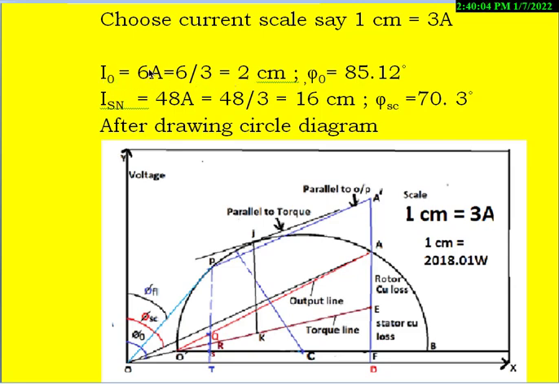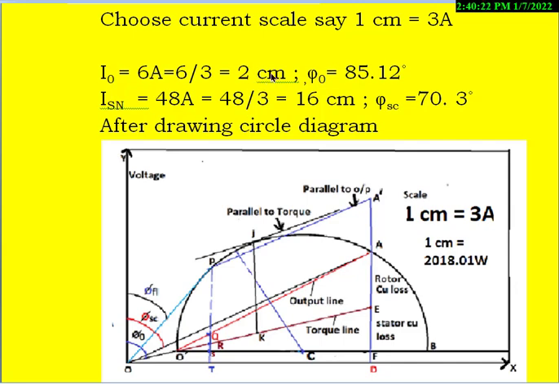Then draw a vector, that is I0. I0 value is given as 6 amperes. As per the current scale here, 1 centimeter is equal to 3 amperes, we get the length for this I0 as 6 by 3, that is 2 centimeters.